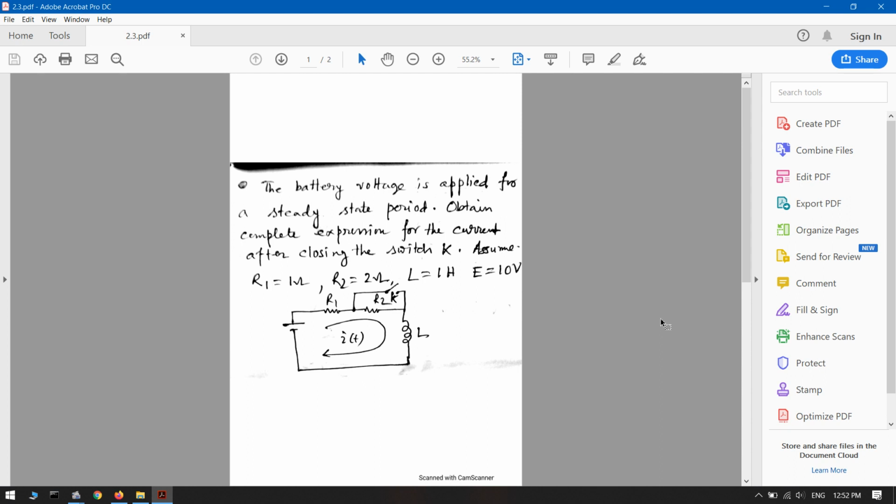Now put the value of I naught, and go for the partial fraction method. We can write I of S equals A by S plus B by S plus R1 by L. Now calculate the values of A and B and tell me what you are getting.